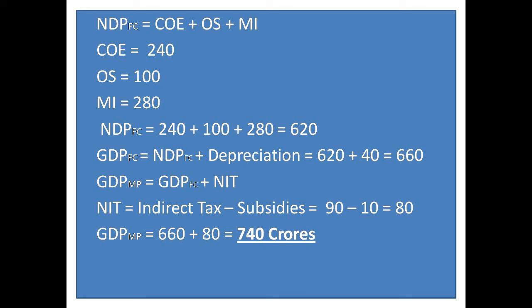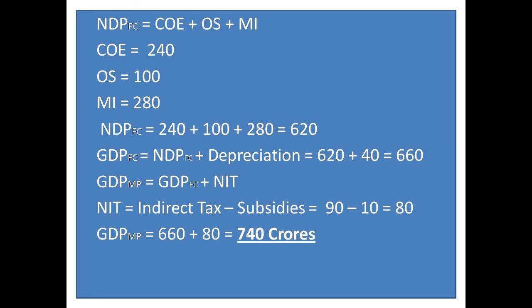So NDPFC is equal to COE plus OS plus MI. That is 240 plus 100 plus 280. We get 620. From NDPFC we calculate GDPFC. How? Adding depreciation. So NDPFC plus depreciation: 620 plus 40, 660 is GDPFC.